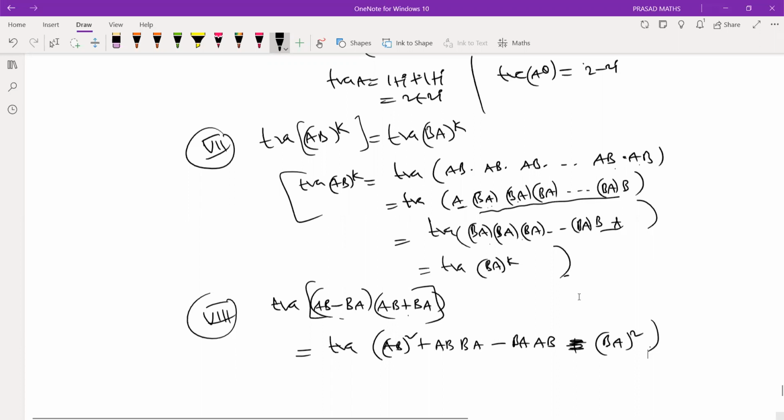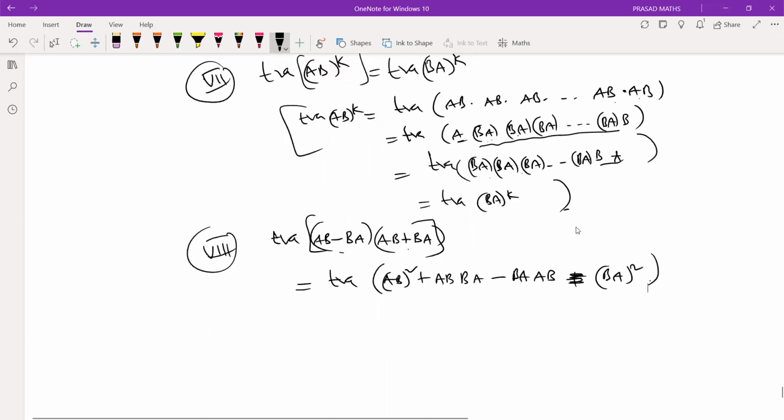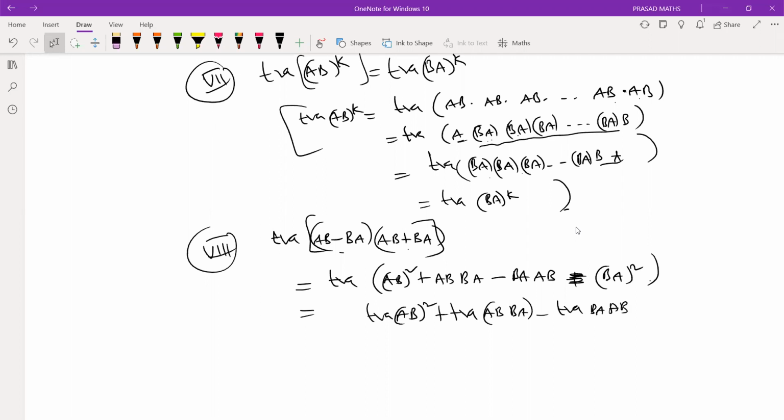So trace of this is nothing but trace of AB whole square plus trace of AB BA minus trace of BA AB minus trace of BA whole square. Already I told you trace of AB whole power k is equal to trace of BA whole power k, both are the same. Therefore, this can be cancelled by using this formula.